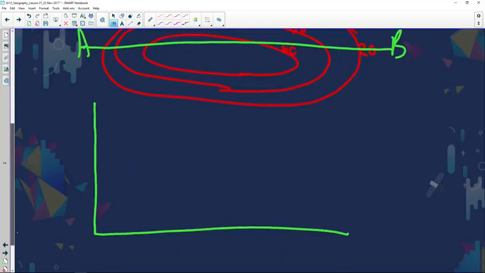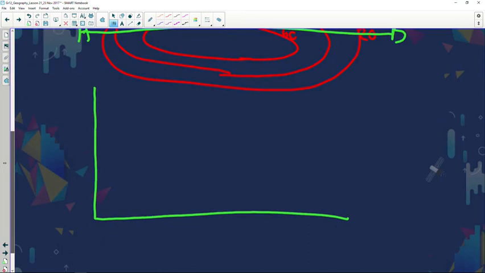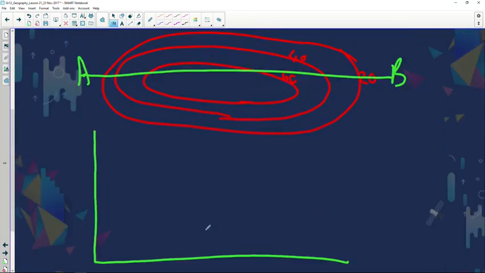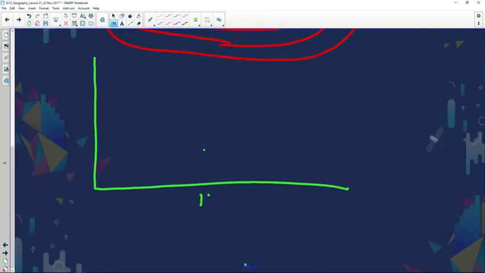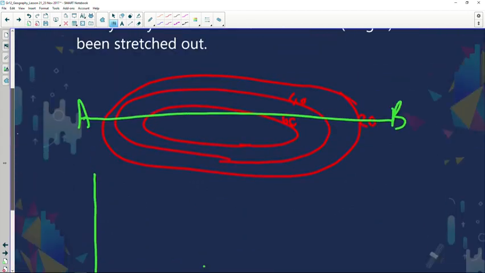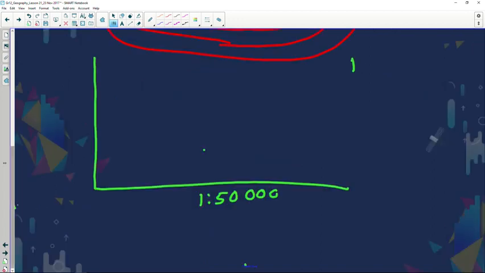If this cross-section was on a topographical map, what would be the horizontal scale? 1 to 50,000. So let's assume these contour lines were on a 1 to 50,000 map.